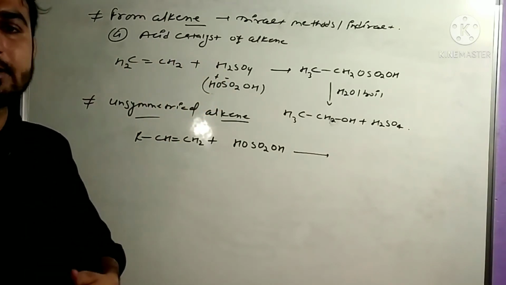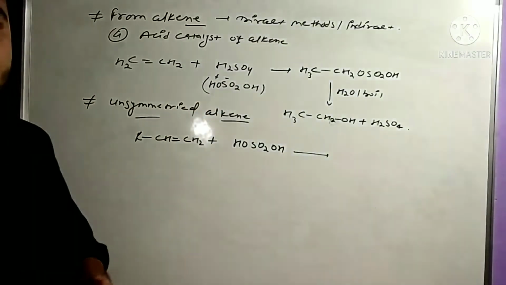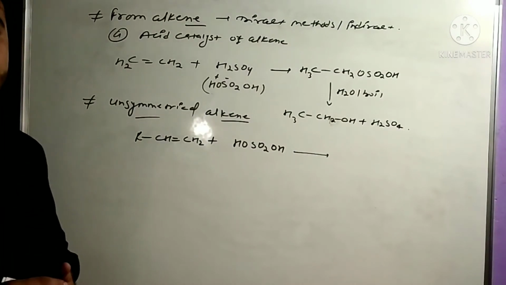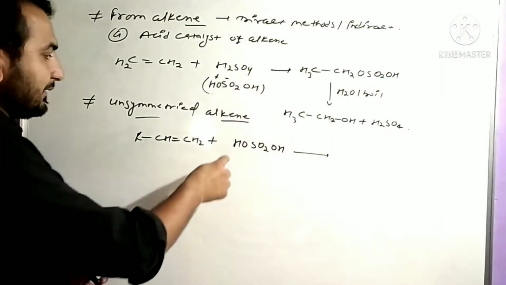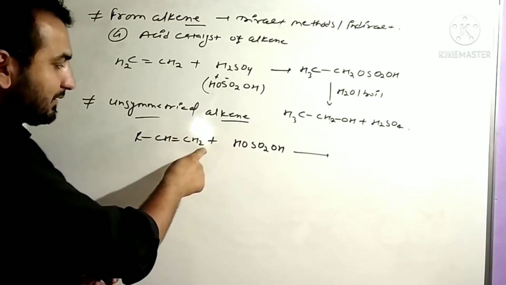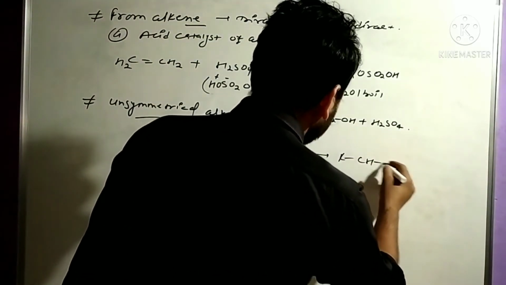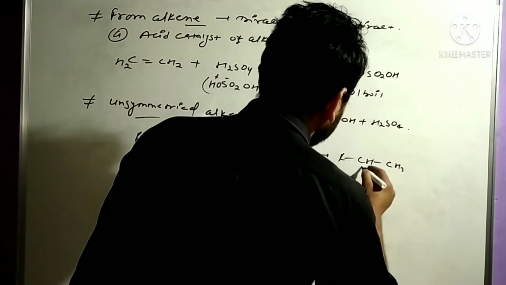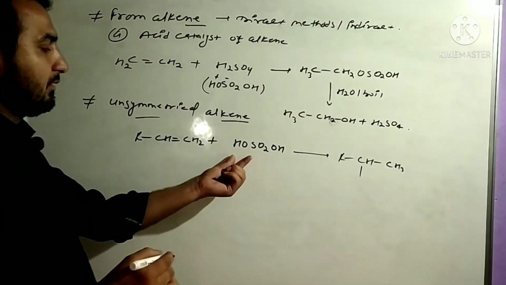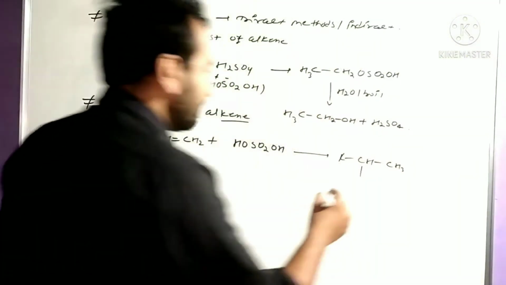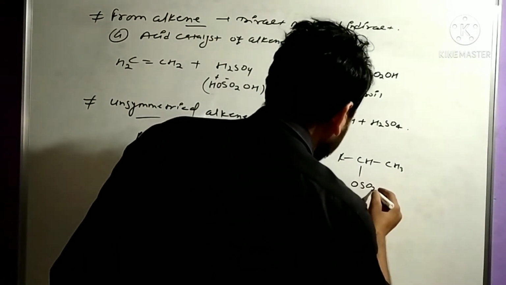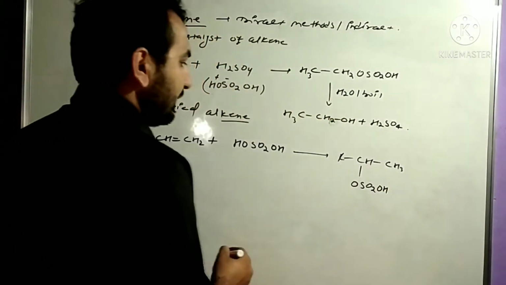When we talk about the indirect method, we'll go according to anti-Markovnikov addition. Okay, clear? So here you are seeing that the H part is attached here. That means RCH single bond CH3, and here OSO2OH. Clear?